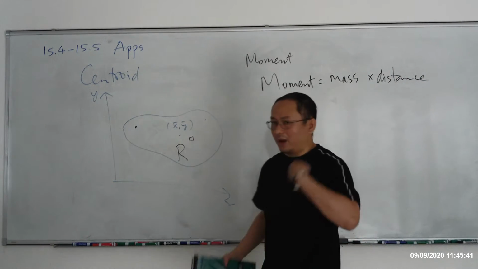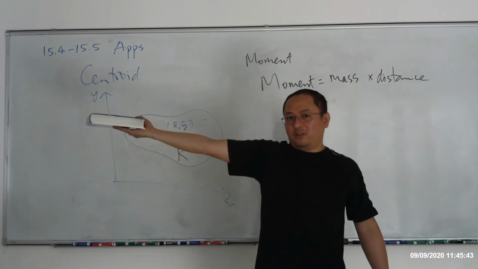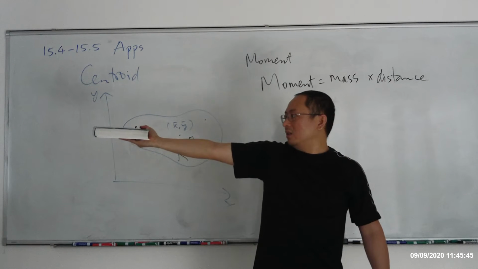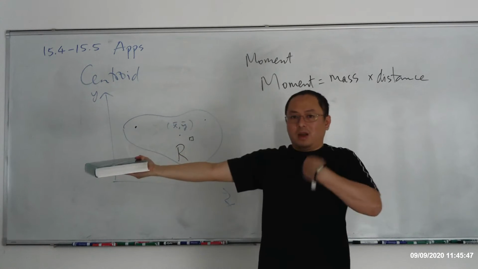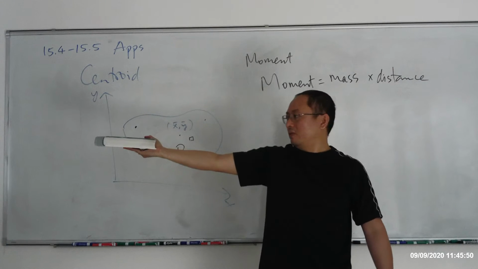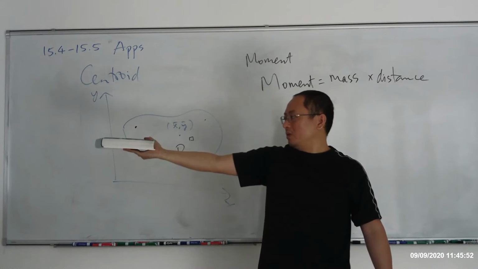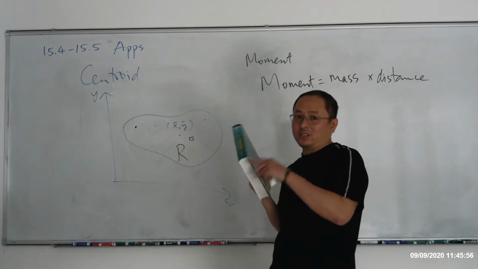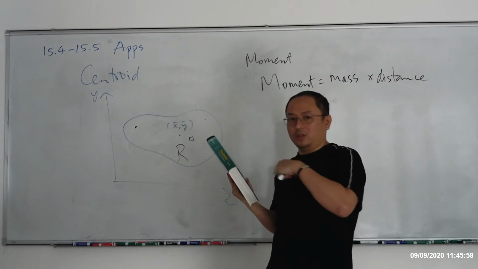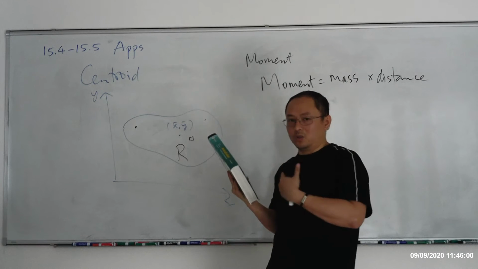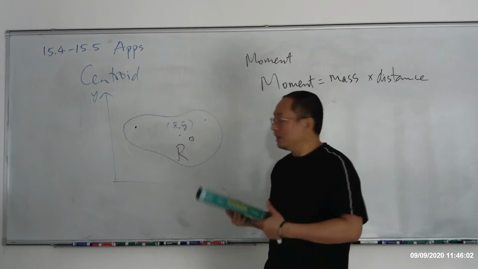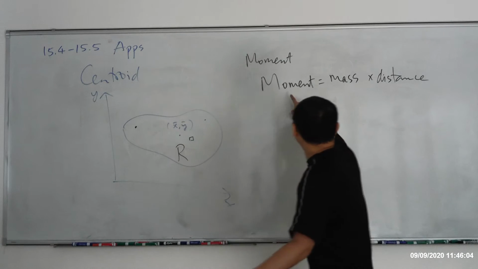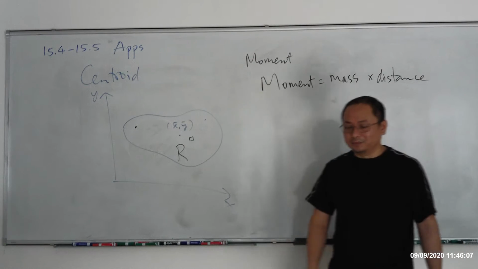If I carry the book with my hand straight like this, the distance from the book to my body is longer, I feel it's heavier, and it's harder for me to carry the book. But if I move the book this way, it's the same mass, but the distance from the book to my body is closer, and then it's easier for me to carry. And that is called moment. Mass times the distance.